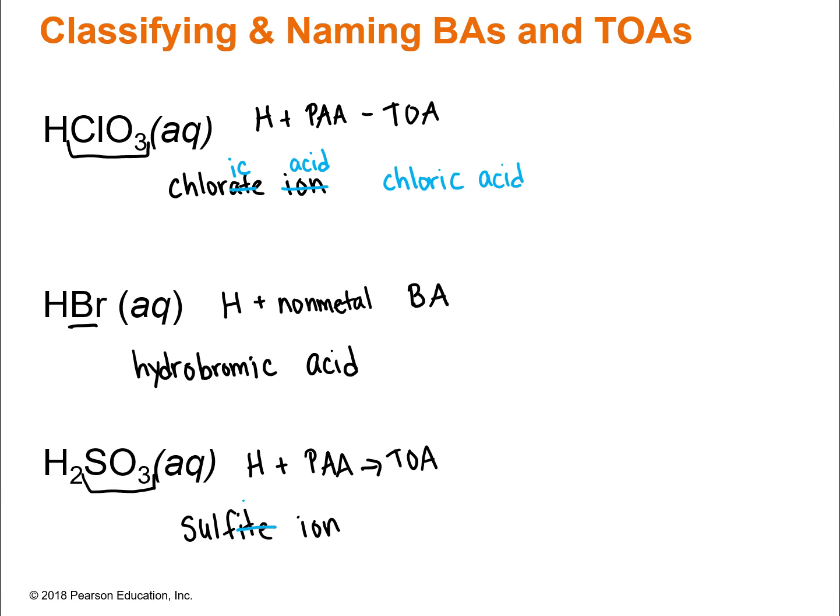You replace the ITE with OUS and ion with acid. So your answer should be sulfous acid. Now, in your chemistry dealings, you may see an alternate spelling with a pH. Same thing.